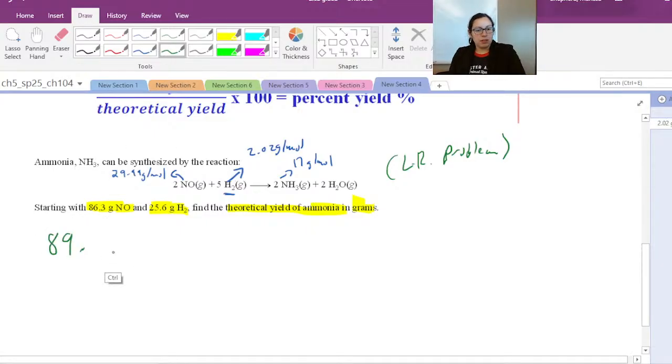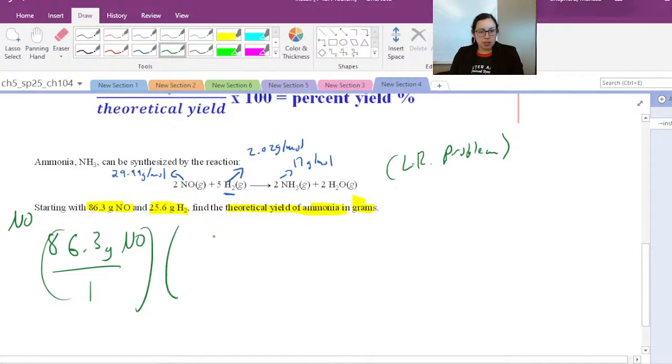So 86.3 grams of NO. Divide by the molecular weight, which I think we said was 29.99 from last time. You could add it up, 14 plus 16 from the periodic table. Again, some rounding discrepancies will occur.